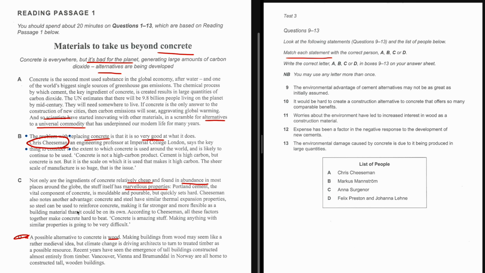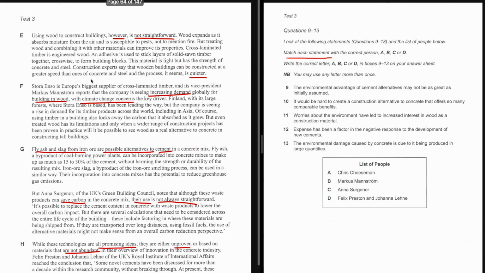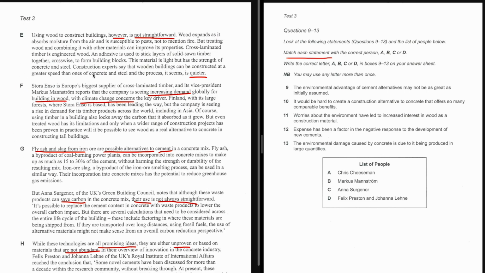Cheeseman again. So these two parts are about Cheeseman, I guess. Marcus, where are you? Oh, okay. Here. This is the next person we were looking for. Anna Surgeoner, I guess, should be after that. Anna, show yourself. Oh yeah, Anna is here.